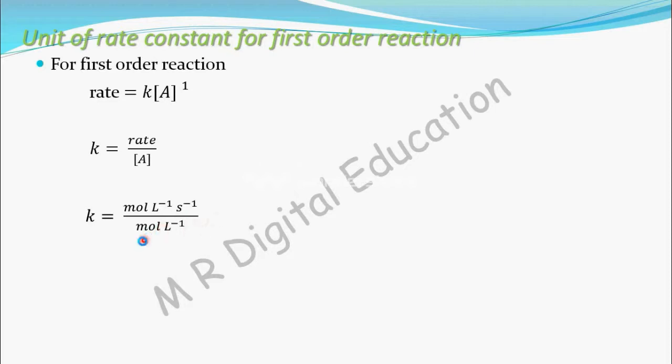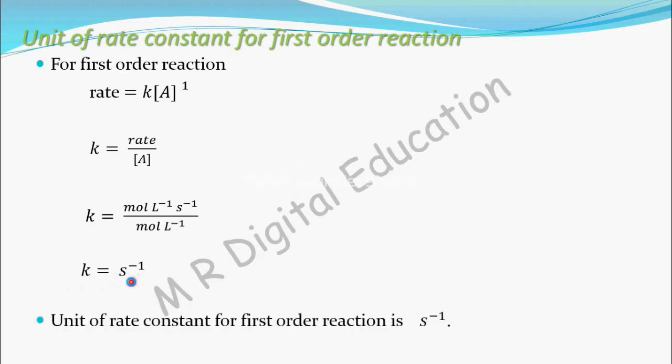Now cancel these two, mole per liter, mole per liter. What is left? Only per second is left. K equal to per second. So for first order reaction, the unit of rate constant is per second. Remember this one. This is the most commonly used unit because most of the reactions are first order reactions.